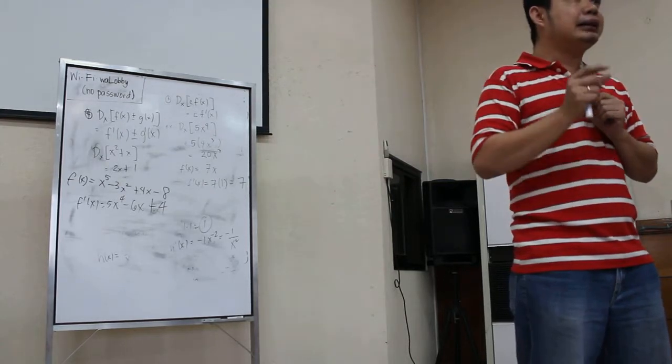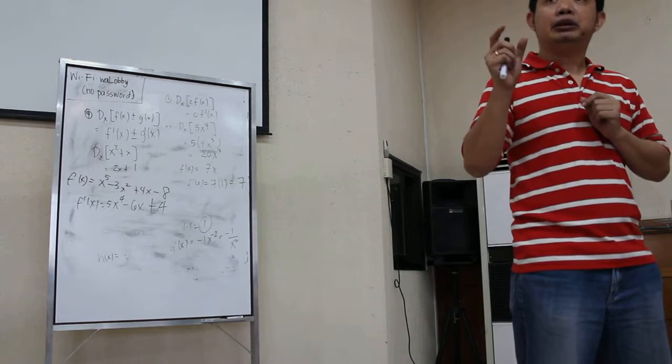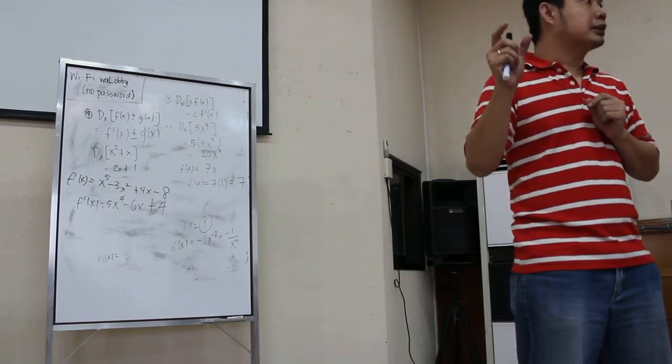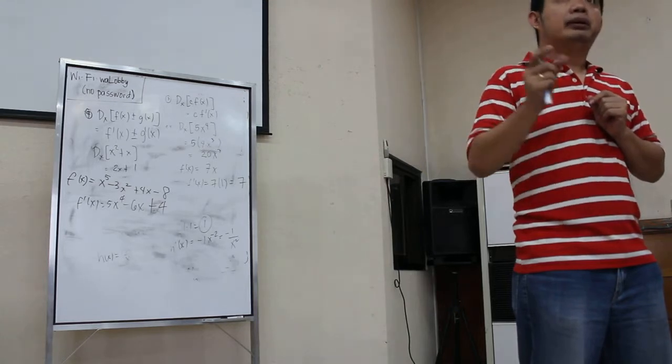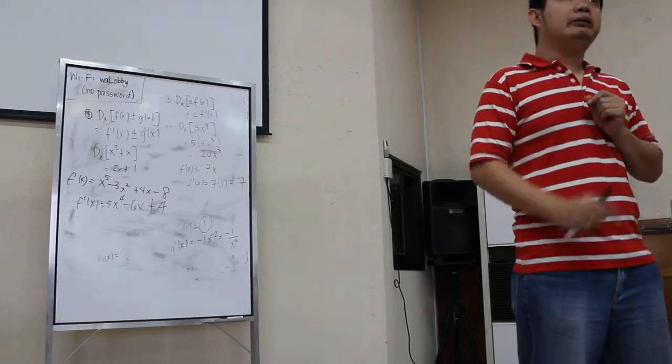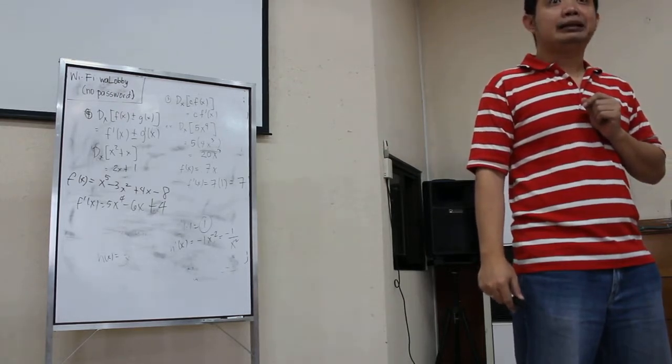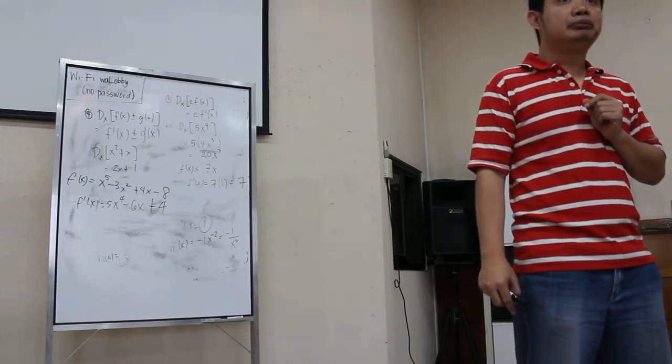But unlike the derivative, I can actually have more than one antiderivative for a given function. For instance, would you agree with me if I say x squared plus 1 is also an antiderivative of 2x?